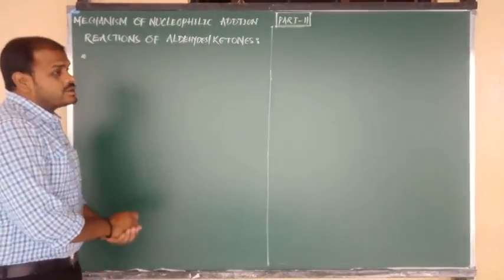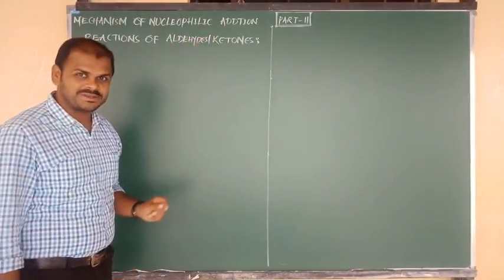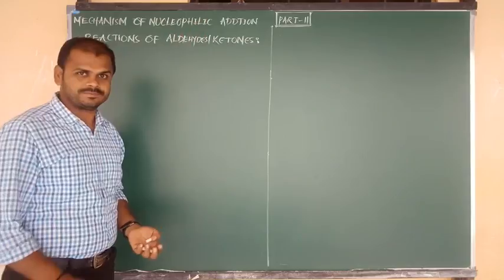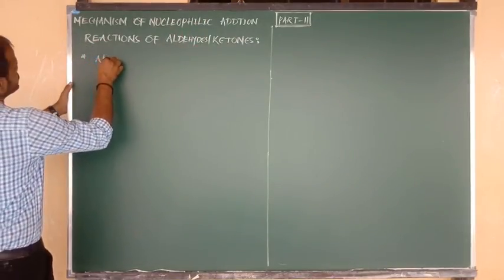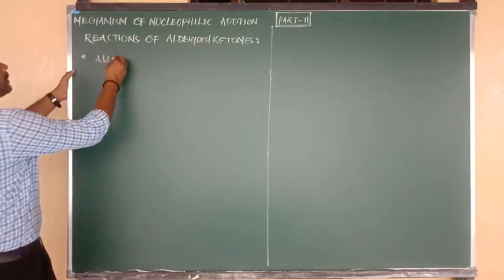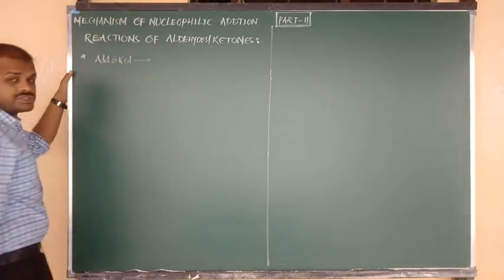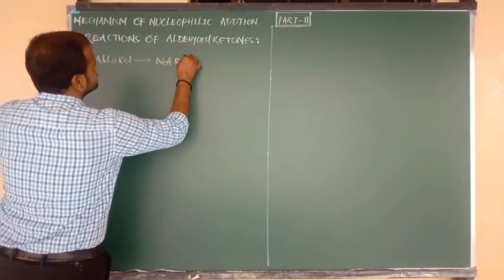So first of all my question is, why do aldehydes and ketones undergo nucleophilic addition reactions? Here I am going to give you the explanation. Aldehydes and ketones generally undergo nucleophilic addition reactions.